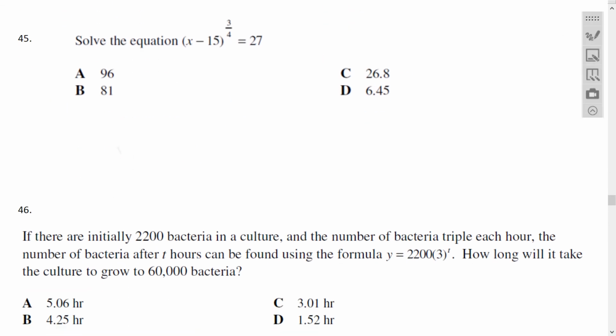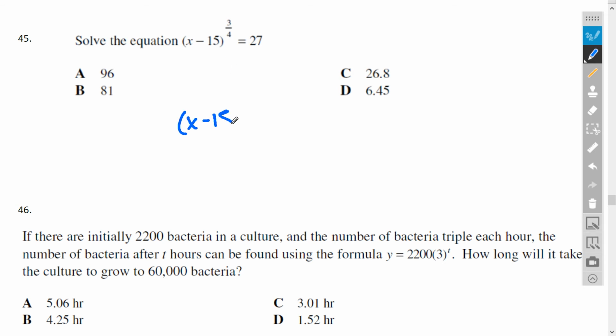Number 45, solve the equation. x minus 15 to the 3/4 power equals 27. Okay, so it would be easier to write this as a radical. So this is actually x minus 15 to the 3rd power, and we're taking the 4th root of it, and that's equal to 27.